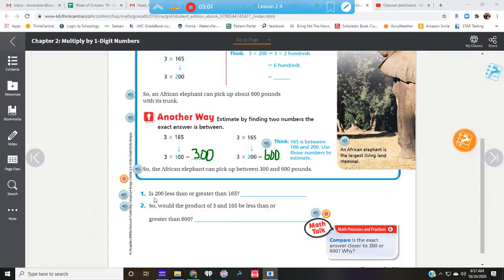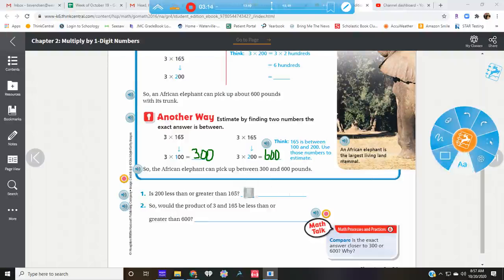Okay? Is 200 less than or greater than 165? I hope this one's easy, because 200 is greater than. And then it says, so would the product of 3 and 165 be less than or greater than 600?